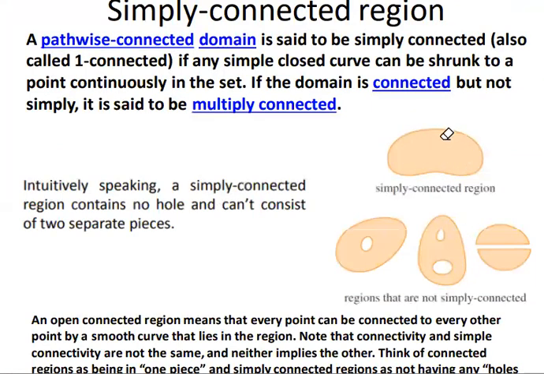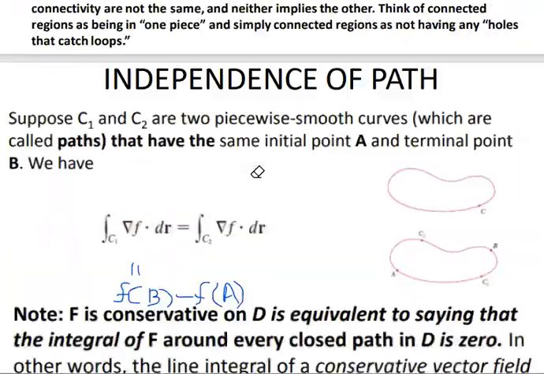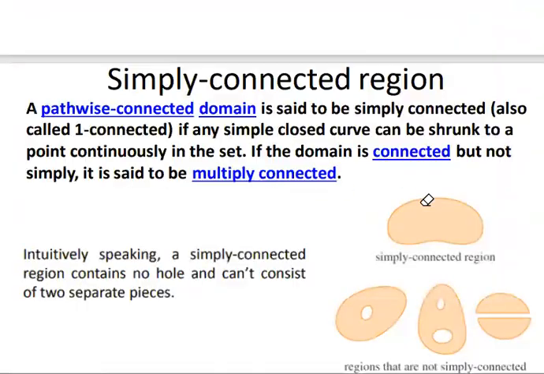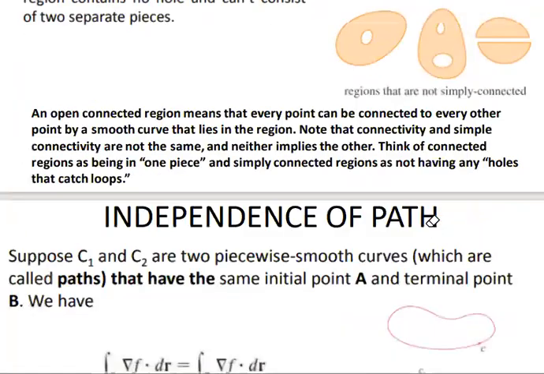Your vector field is defined on this kind of nicely simply connected domain, where you don't have any holes, no separations, disconnected and no holes, right? So your F is defined on this region.